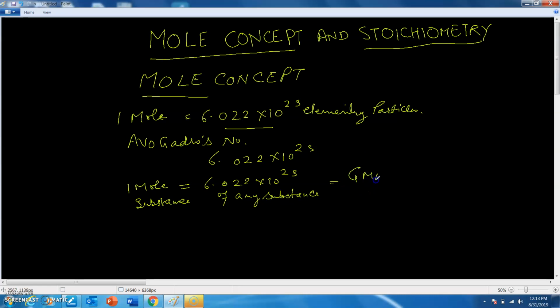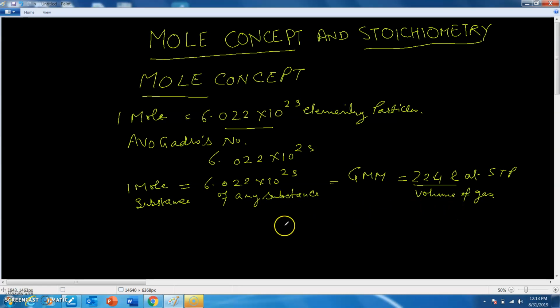gram molecular mass, GMM, or we can say number of particles. And this is also equal to 22.4 liter at STP, that is, this is the volume of gas or volume of liquid.